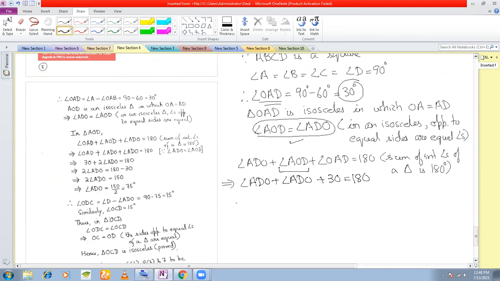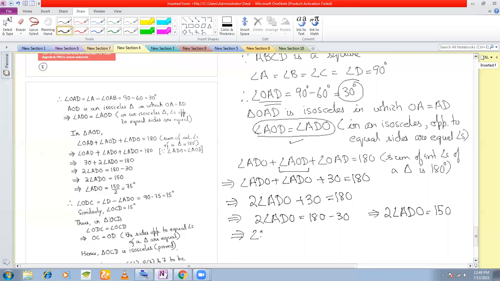is equal to 180. So we get twice angle ADO plus 30 is equal to 180. That means twice angle ADO is equal to 180 minus 30. That means twice angle ADO is equal to 150.